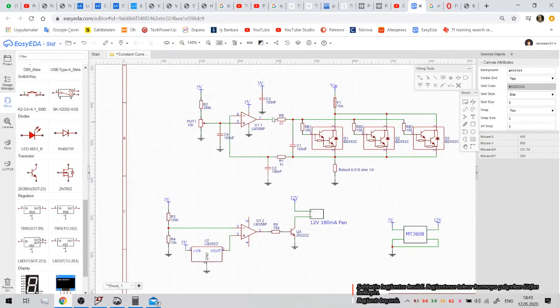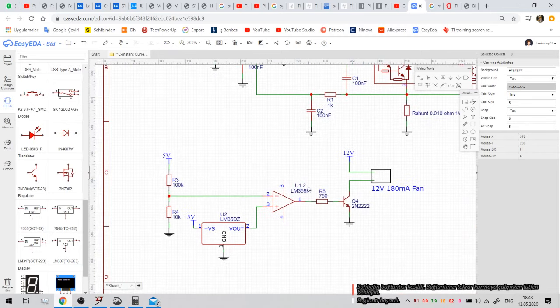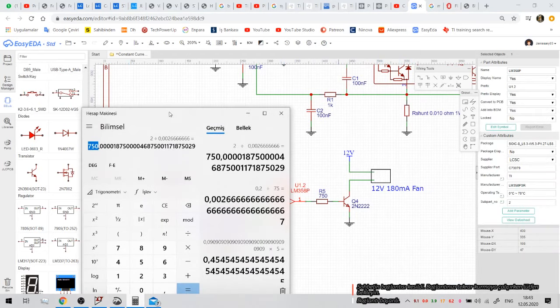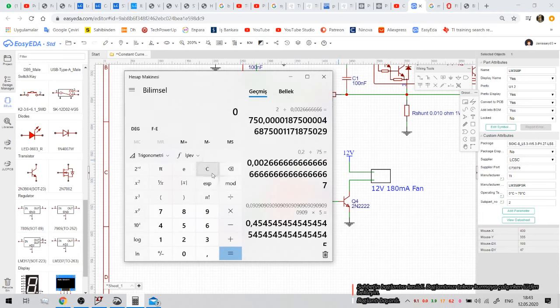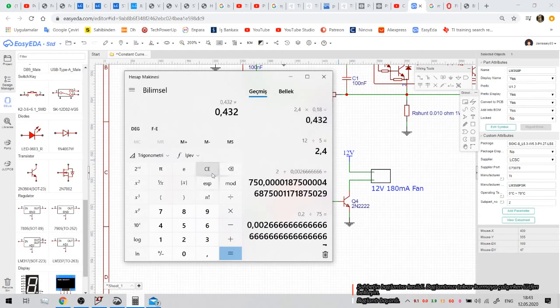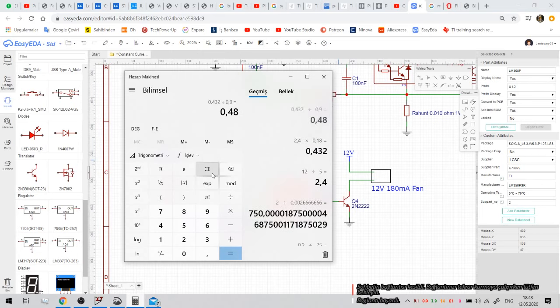I can say 20 milliamp here, up to 180 milliamp, but this is 12 volt, and if we assume 90% efficiency, 12.5 times 0.18 divided by 0.9 gives us 0.48.